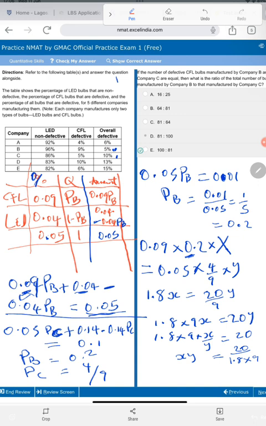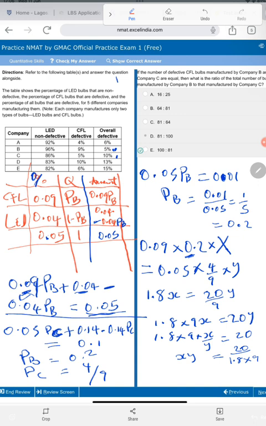And 0.05 minus 0.04 will give us 0.01. Then PB equals 0.01 divided by 0.05, which is as good as 1/5, which equals 0.2.